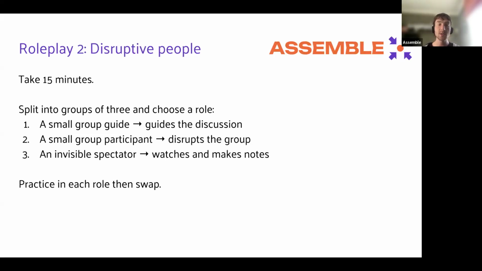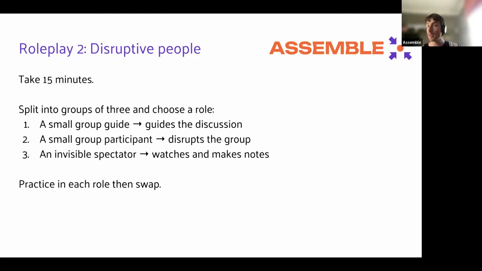Okay, so we're just going to do another role play, and it's exactly the same idea. But this time, instead of someone who's talking a bit too much, you have in your group someone who's being quite disruptive. So maybe they're not discussing the question.